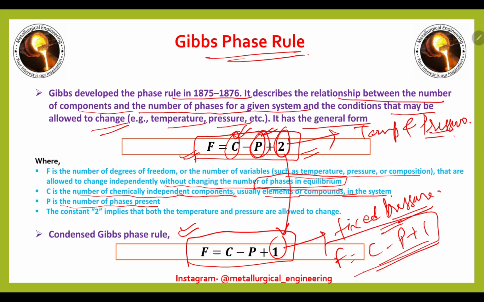So this formula is taken here for the condensed phase rule. Generally we take, in case of single component system, this formula F is equal to C minus P plus 2, and for condensed systems like binary, ternary and so on, we will take this F is equal to C minus P plus 1.